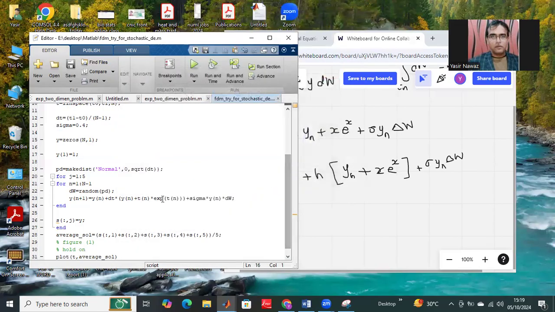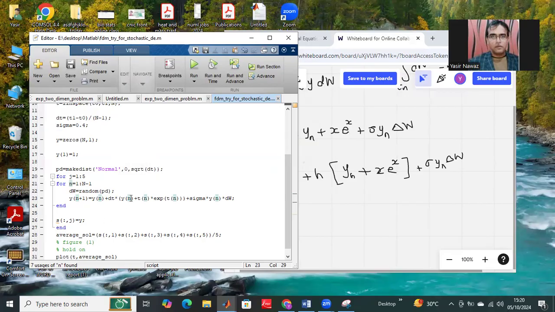Here one more thing is that I can use the updated value. I use y_n plus t_n, because the solution will be found at the n plus one step.